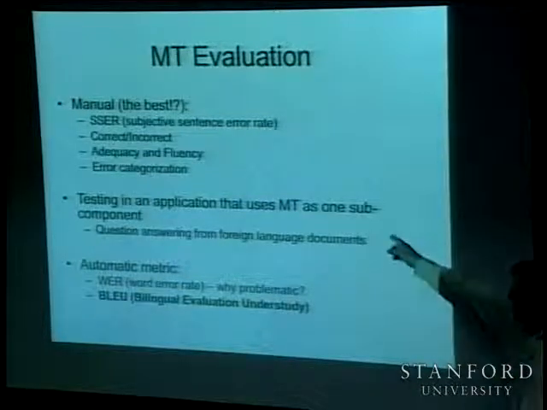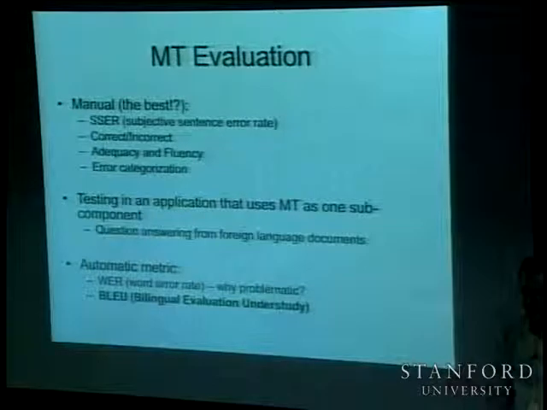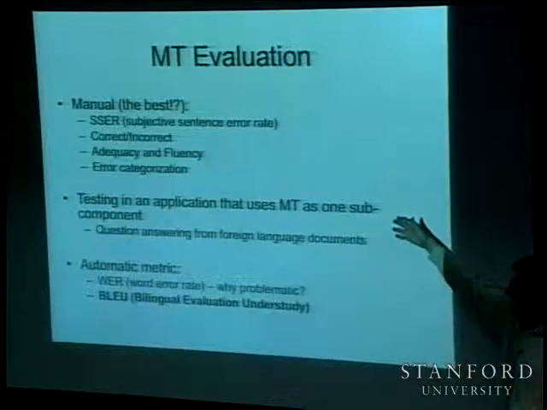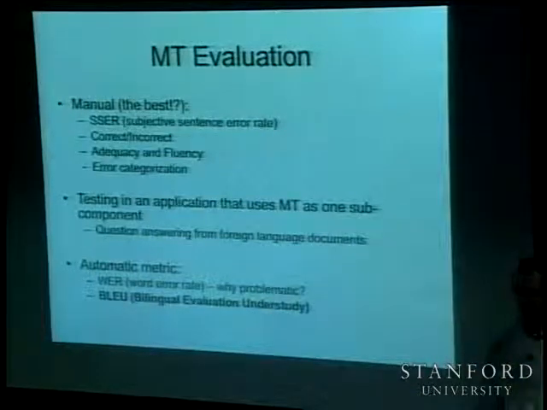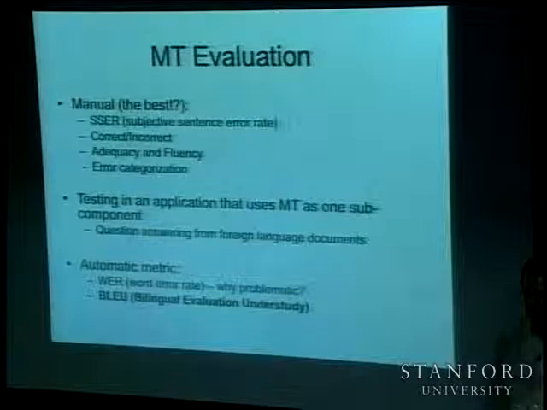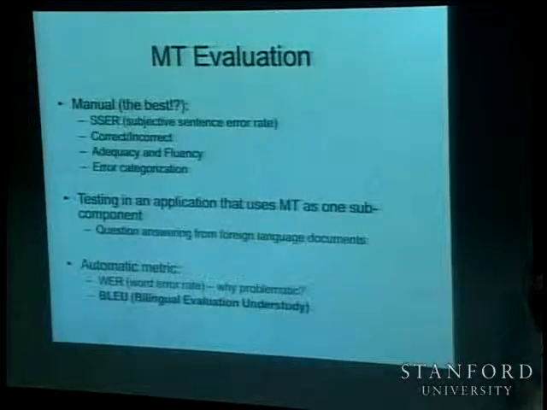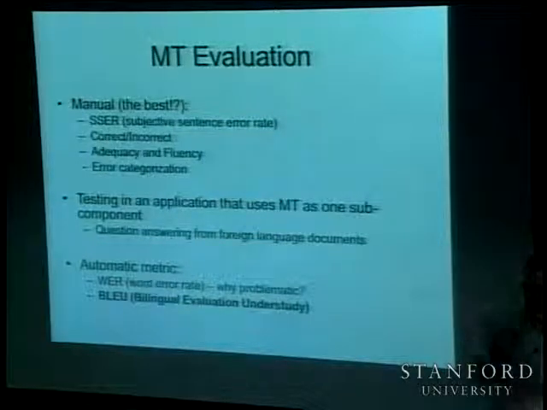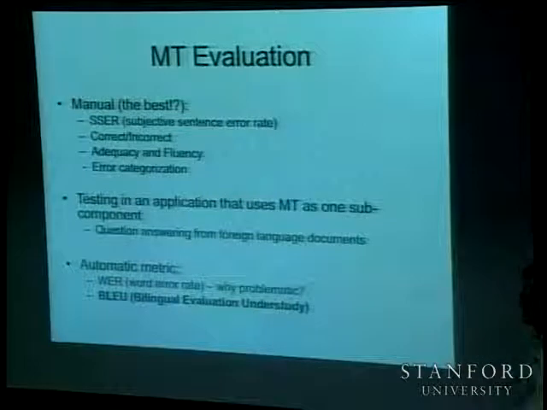The second way of doing a machine translation evaluation, this kind of parallels what we did with language models of perplexity versus word error rate, is to do it in the context of a task. So if you want to do question answering over foreign language materials, you could have the internal MT component. But again, the problem is it's very hard to know how the internal components' results are being reflected through the rest of the system.